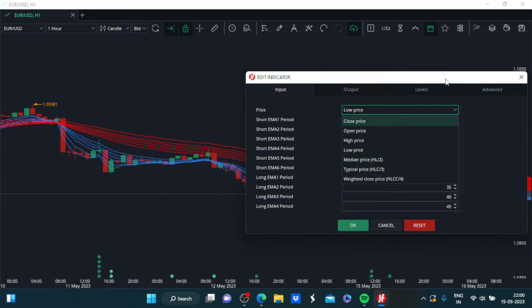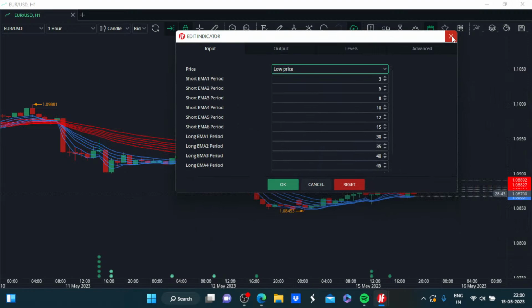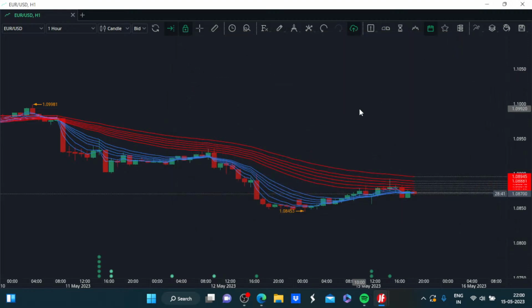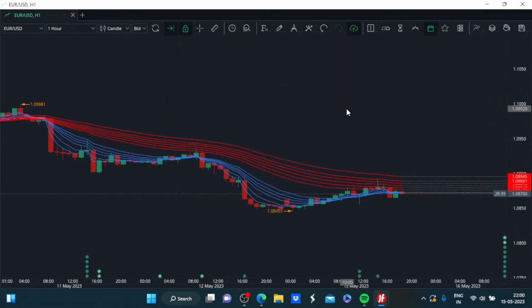Now let us go back to the chart and try to understand its basic functioning. The whole idea, the logic behind this formation, is to figure out the volatility and the trend, the underlying momentum.